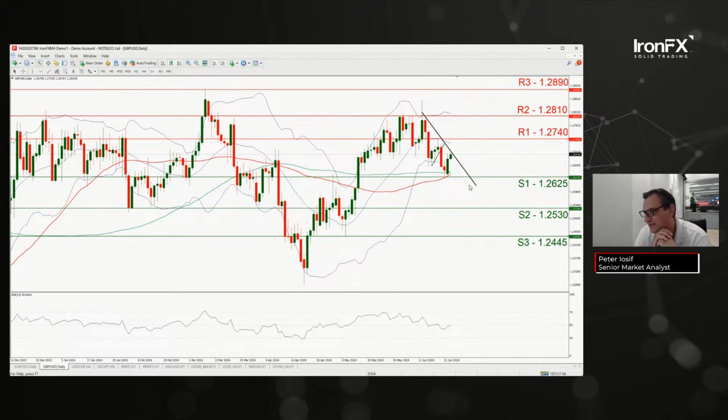So we tend to maintain a bias for the downward motion to continue for the time being, but, and now we're going to be issuing a warning here, it seems that the direction is about to change. And I'm highlighting this practically because of the pair bouncing on the 1.2625 support line.